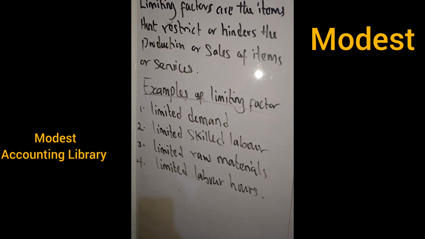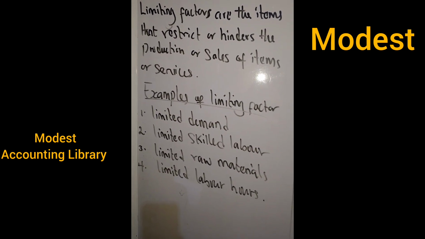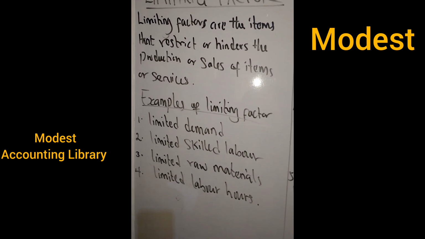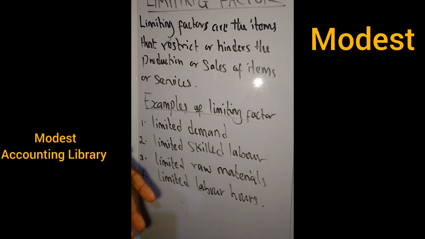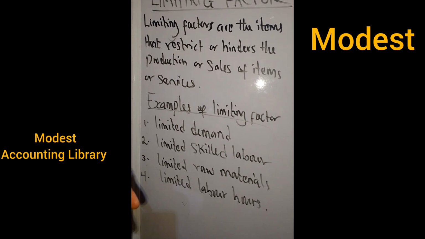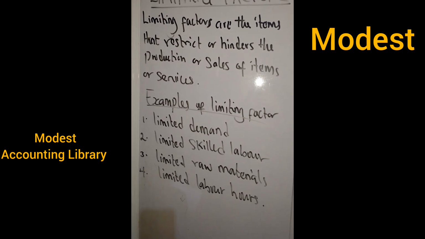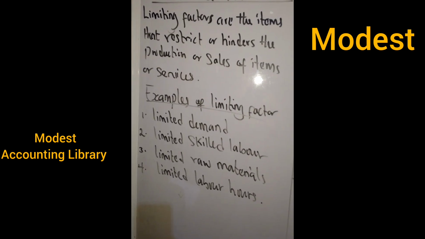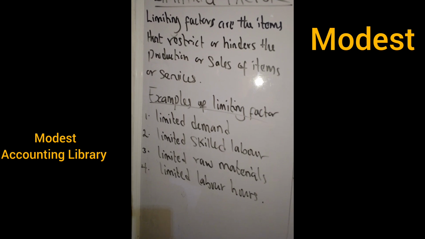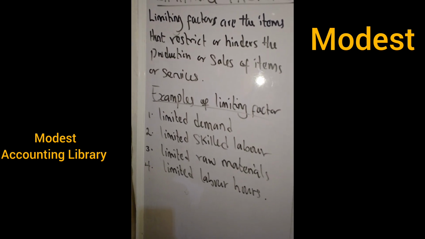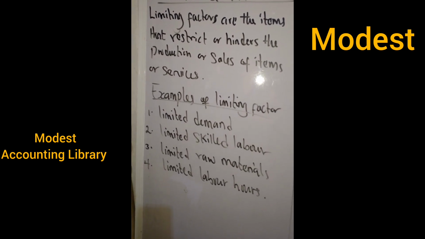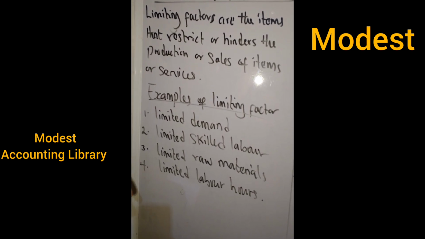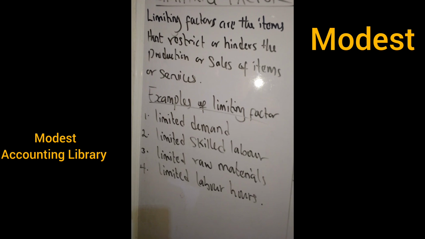What do we mean by this? Let's take for example, if we need about 1000 kg of raw materials to produce for a particular budget, and what we have available is 600, but we require 1000. Automatically the raw material, which is 600, is a constraint, a limiting factor to that production process.